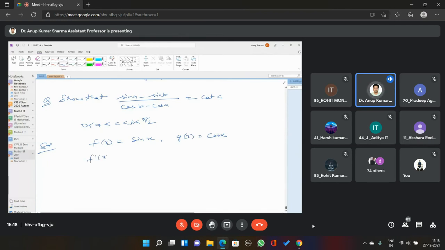So f dash of x is equal to cos x and g dash of x is equal to minus sin x, because their derivatives are important. So by Cauchy's theorem, the endpoints are A and B. Similarly, just apply Cauchy's mean value theorem.